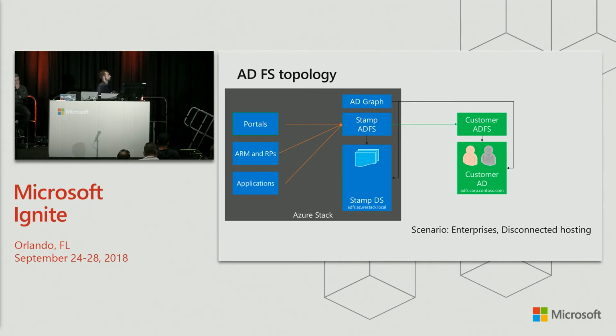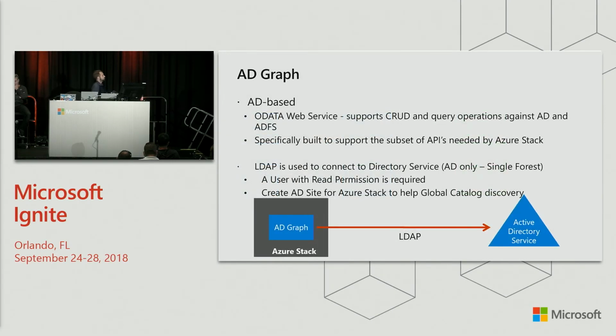An Active Directory Graph is looking up the user accounts in your Active Directory. And in order to do that, we're using the LDAP protocol to call into your Active Directory. Now for the configuration, we do require a user account that you provide to us that has read permission in the Active Directory.